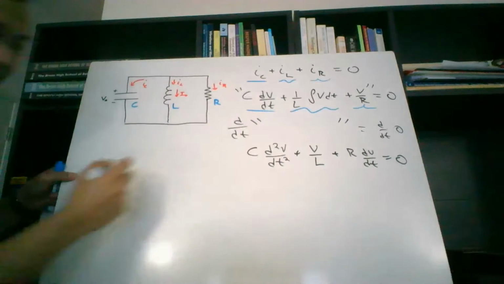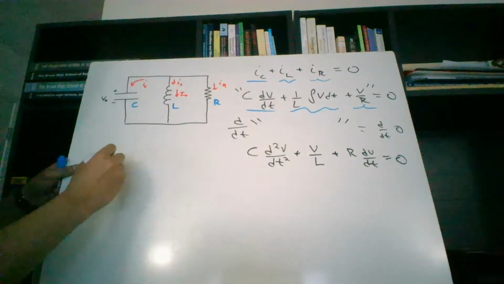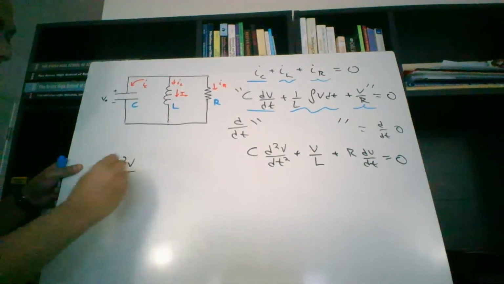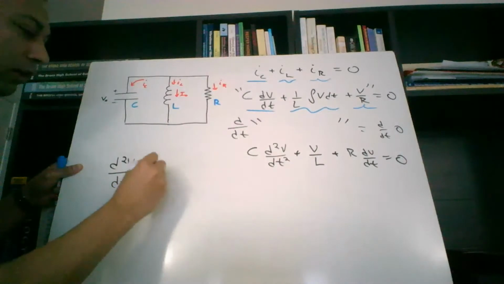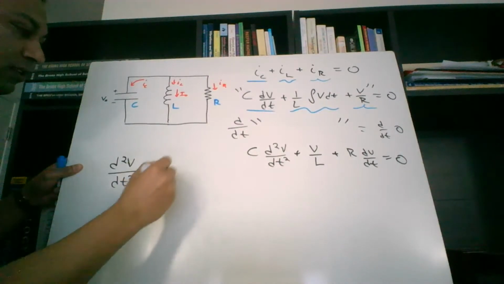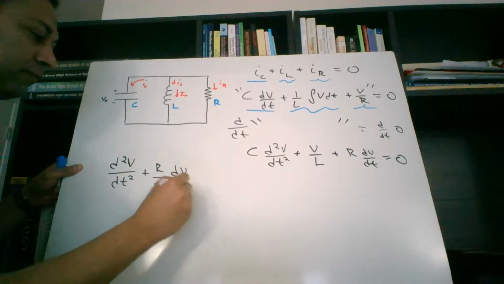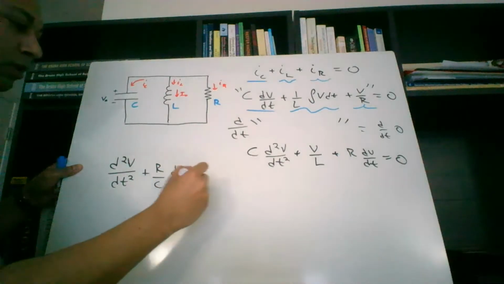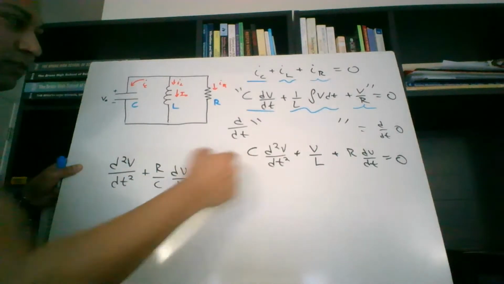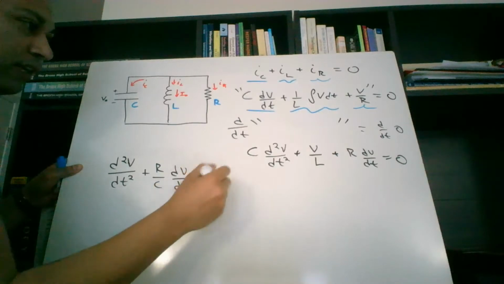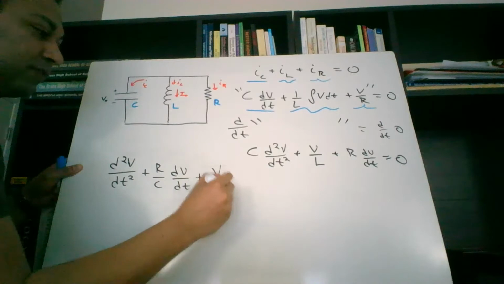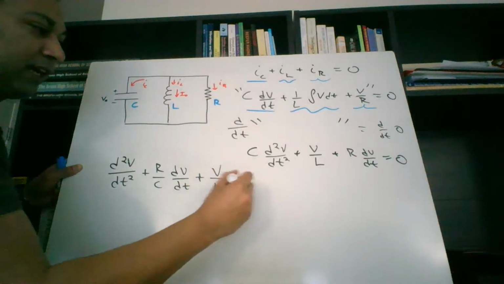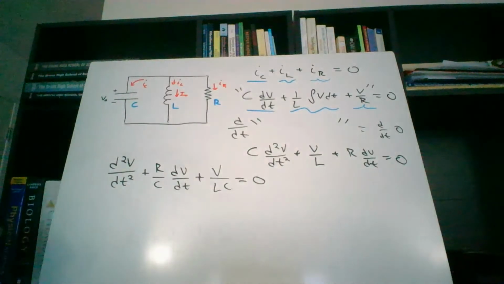We get d squared v dt squared plus, I'm going to use this term first, so that's going to be R over C dv/dt, plus this term with the C divided out. So that'll be v over L times C. And all of that is going to equal 0.